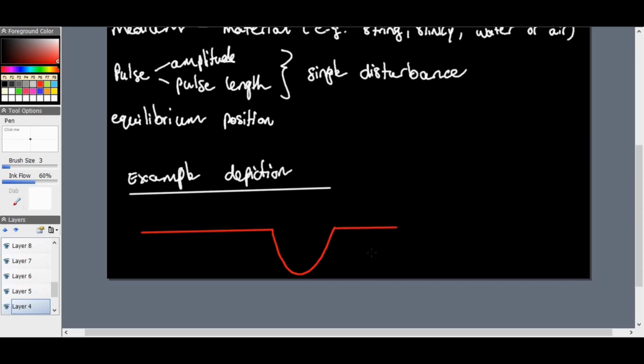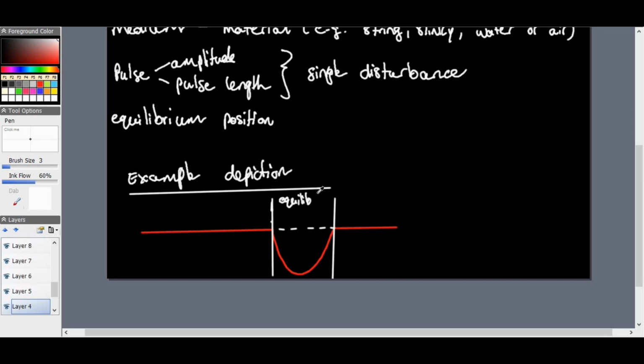So first things first. This little line, from this point up until this point here, I'll increase its length a little bit. This is called the equilibrium position.